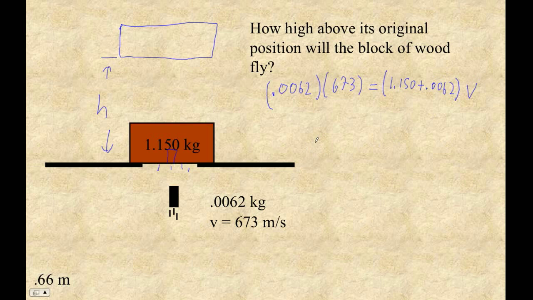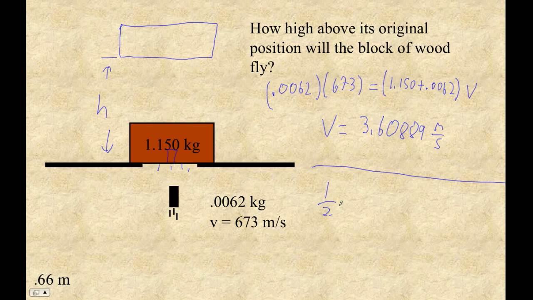So 0.0062 times 673, divided by parenthesis 1.15 plus 0.0062. Ta-da! And I get that the velocity that thing has right after the collision is 3.60889 meters per second.